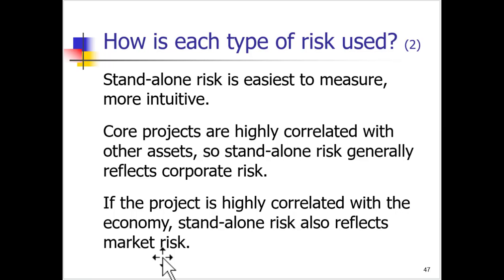Now, if a project is highly correlated with the economy, then standalone risk also reflects market risk. So in the end, if we're interested in how this project will influence the company, standalone risk seems to be the best.